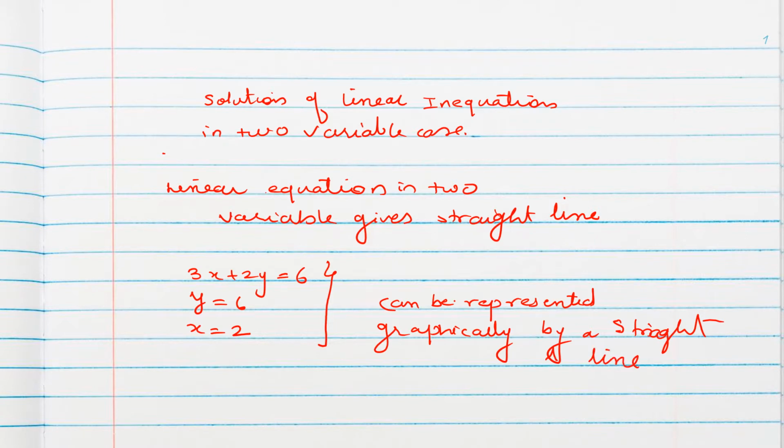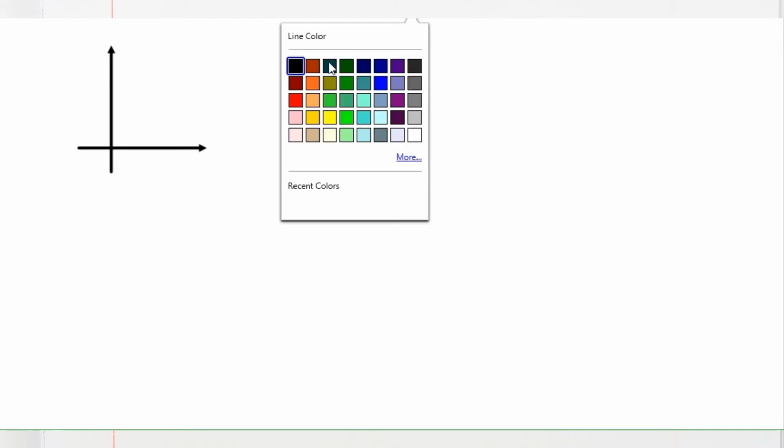Okay, now we will check, so what will be solution regions? Now we know a line can divide. See, if this is x-axis, this is y-axis, so a linear equation in two variable can be represented by a line, suppose like this.